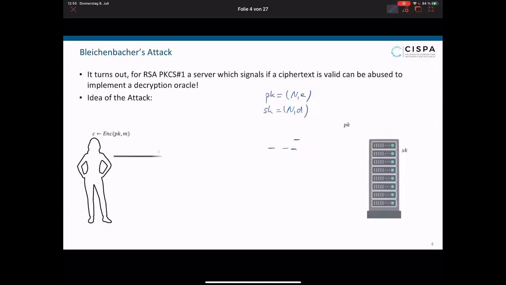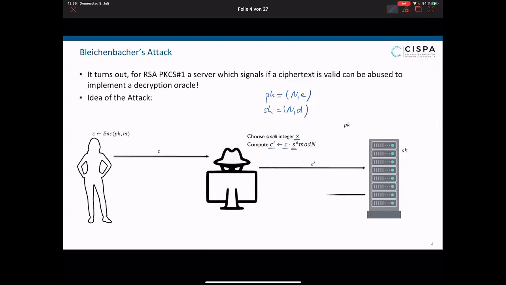Good. So all of a sudden, if my adversary got the information that C prime is valid, he learned something. So the first thing he gets from that is that whatever C prime encrypts is a valid PKCS encoding.